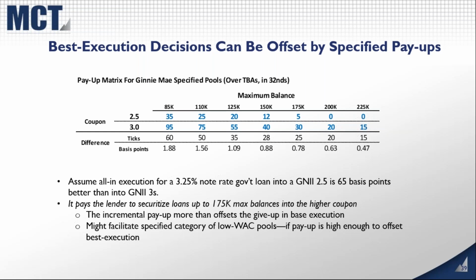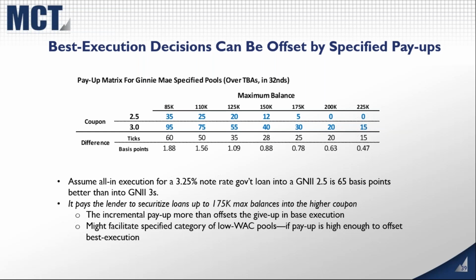So then what has to be done is, assuming you have a 65 basis point execution difference between pooling into 3s and 2.5s, then for a lot of these categories, the incremental spec pay-up offsets that production give-up.